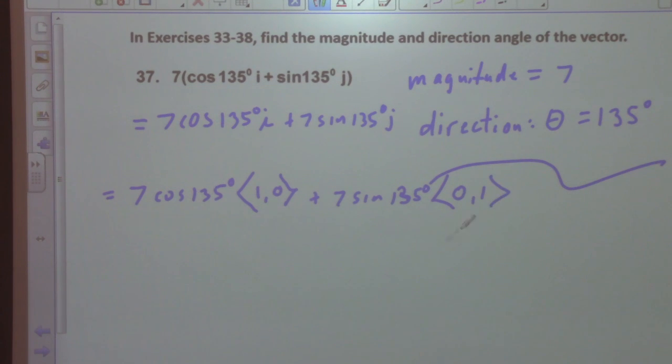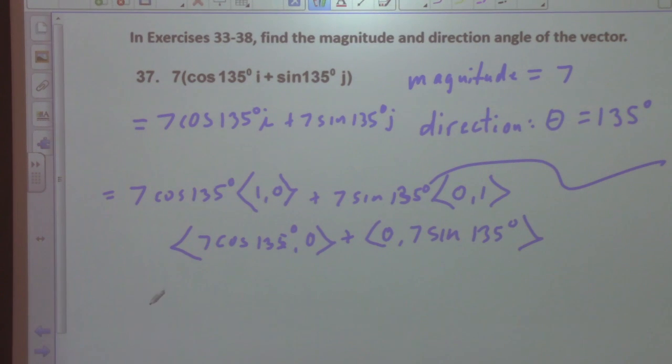When we distribute here, we get 7 cosine 135 degrees times 1, so we can just leave this here, comma 0, plus 0, comma 7 sine 135 degrees.